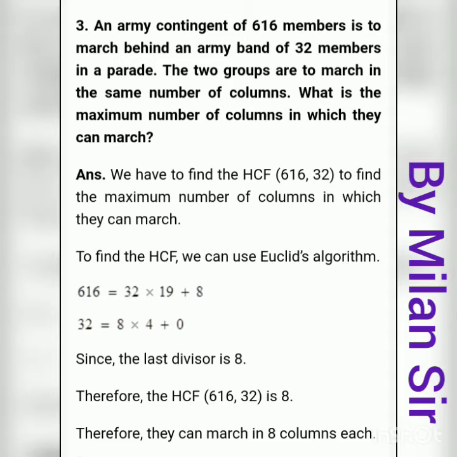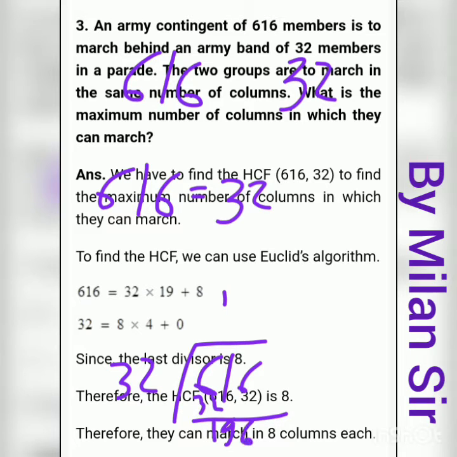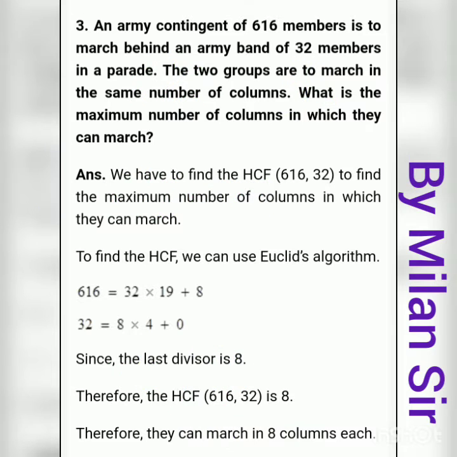So we have two numbers, 616 and 32. First of all, the big number we need to write here, and the small number here, right? Then we need to divide 616 by 32. So 32 ones are 32, 296, right?